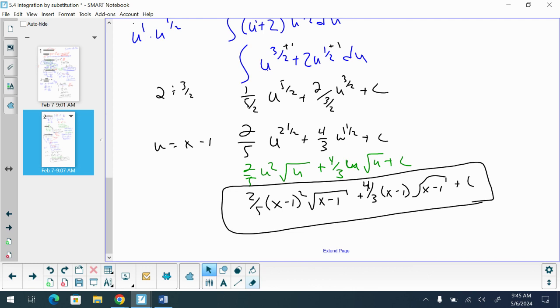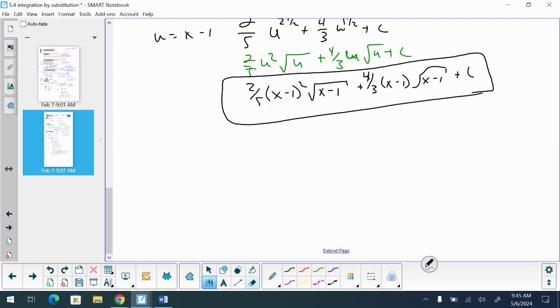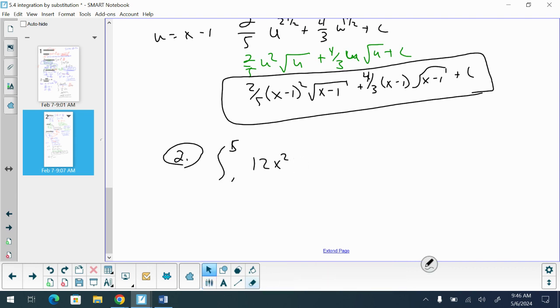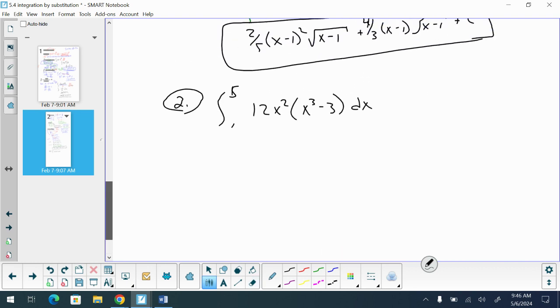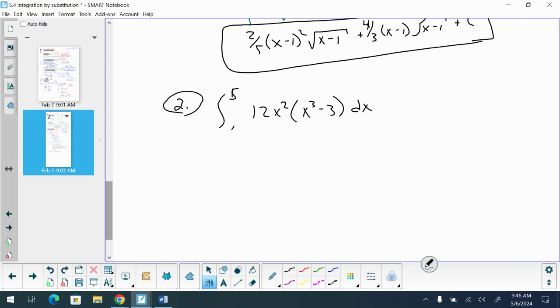If we take a look at problem 2 real quick. Problem number 2, we have limits of integration from 1 to 5. When you have limits of integration, there's 2 techniques you can follow.